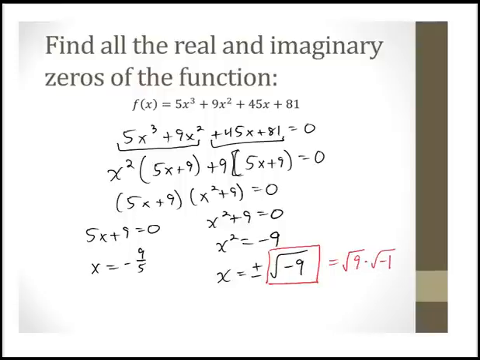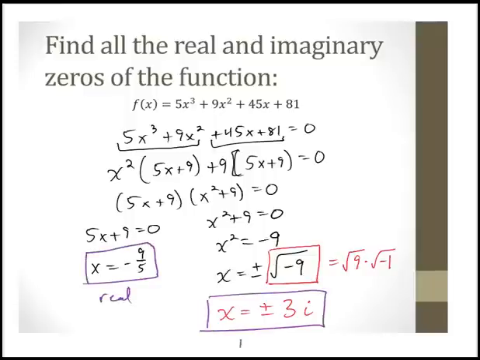And so we can write then that x equals plus or minus 3i, where i is the imaginary unit. So there are 3 zeros to the function. One real, right? We have a real 0 at negative 9/5, and we have 2 imaginary zeros at plus or minus 3i.